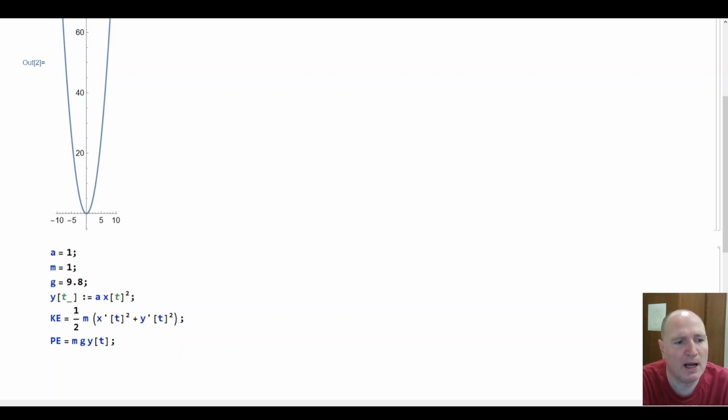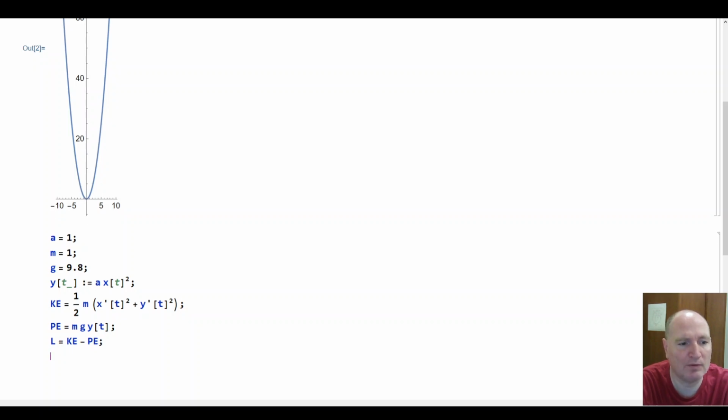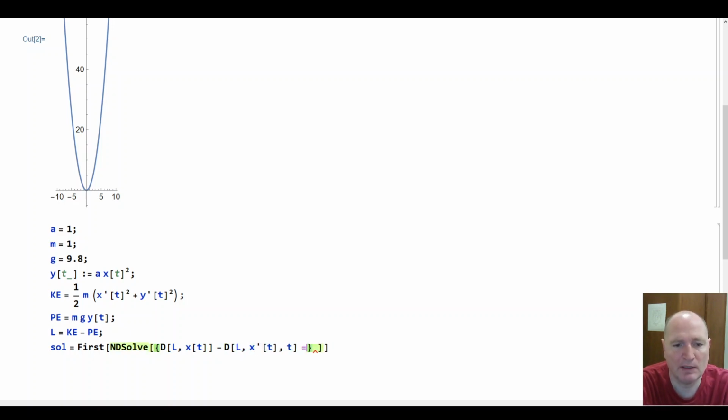My Lagrangian is just the kinetic energy minus the potential energy, and I really only have one variable, so I can just jump right to it. So sol equals first and DSolve. I need d of L with respect to x of t minus d of L with respect to x prime of t with respect to t equals 0.